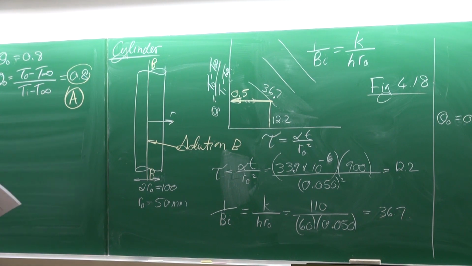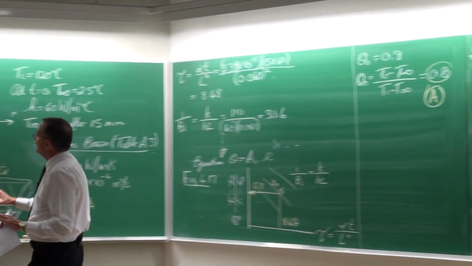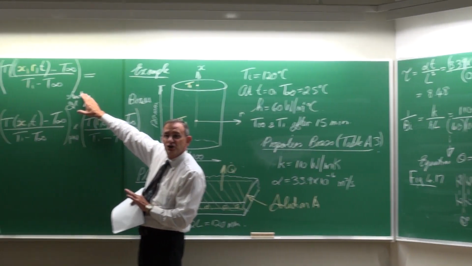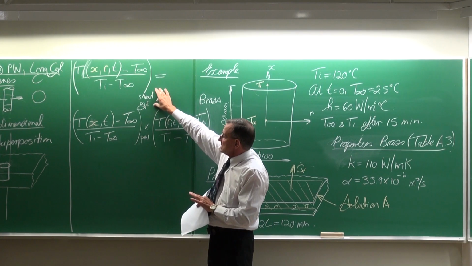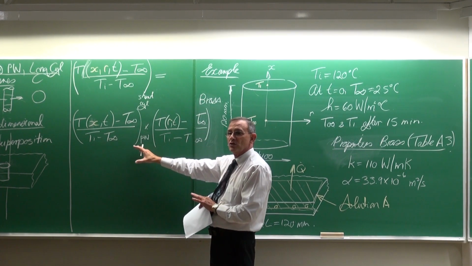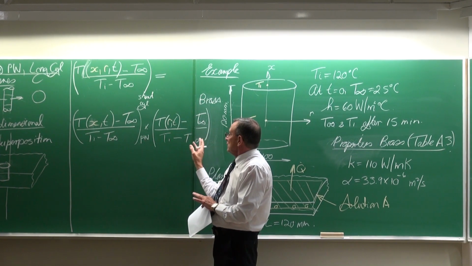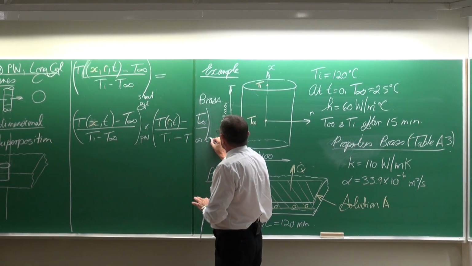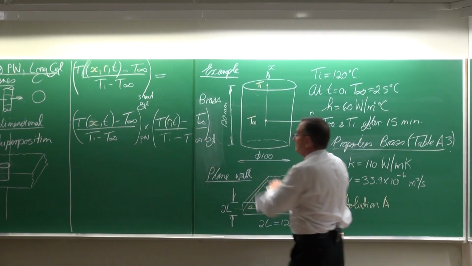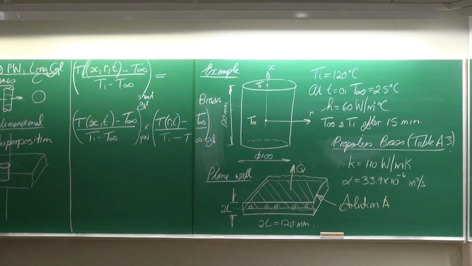and a cylinder only. Now, let's see if we can make use of the principle of superposition for a short cylinder to generate a solution for the product of the plane wall and the cylinder to get the results for a short cylinder.